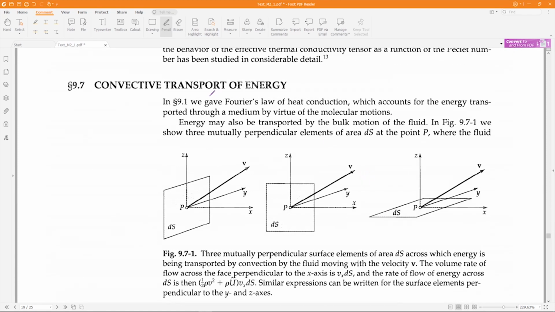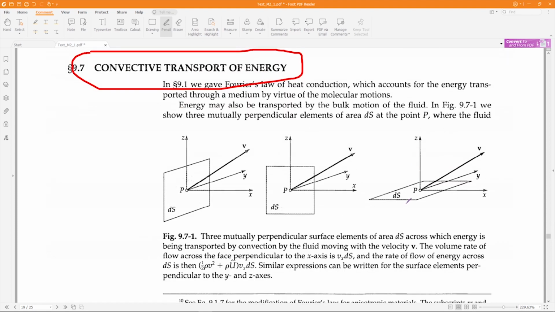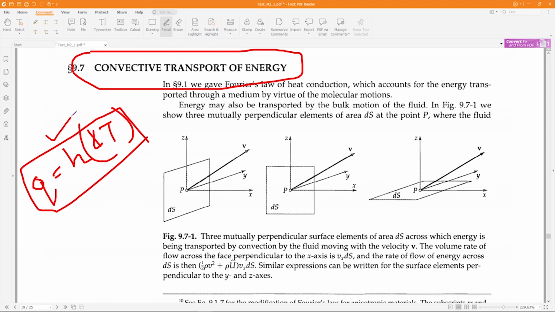So let's study the convective mode of transport of energy. You also know Newton's law of cooling, right? That is nothing but heat flux is h delta T. This is Newton's law of cooling. This is mainly used for convective transport of heat energy.